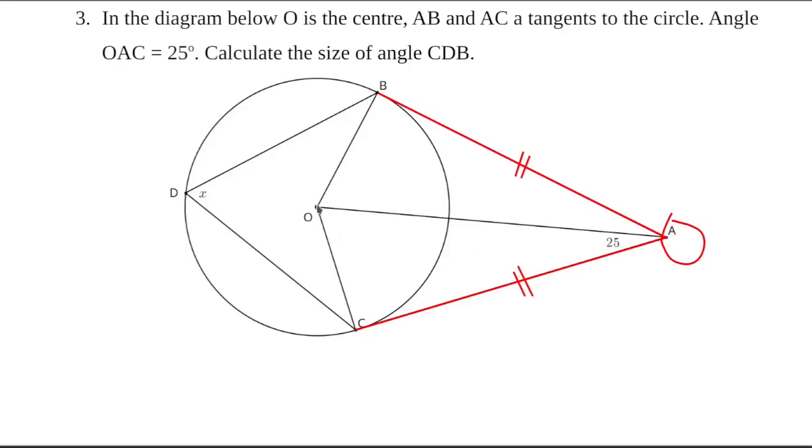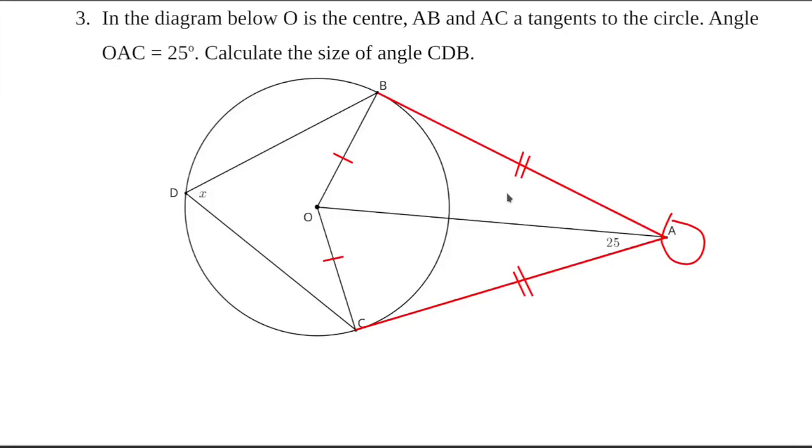And then also, OB is a radius. OC is also a radius. Now, triangle OCA and triangle OBA are actually having equal sides. They are congruent. What does that tell us?